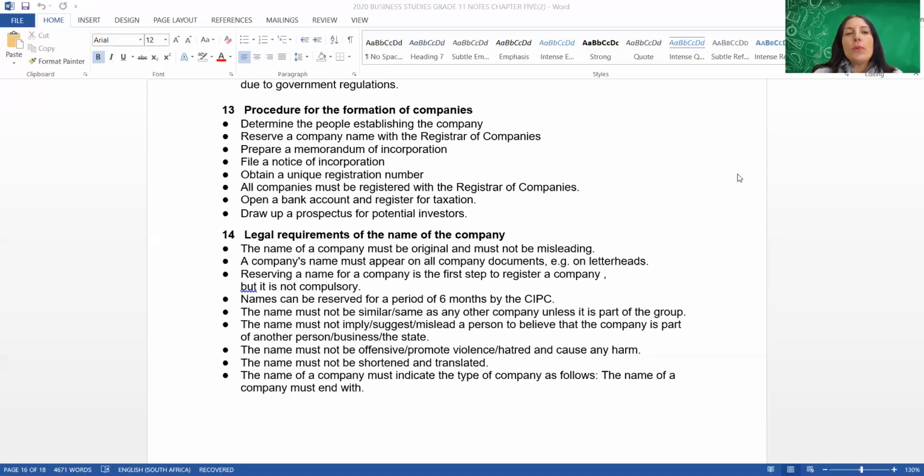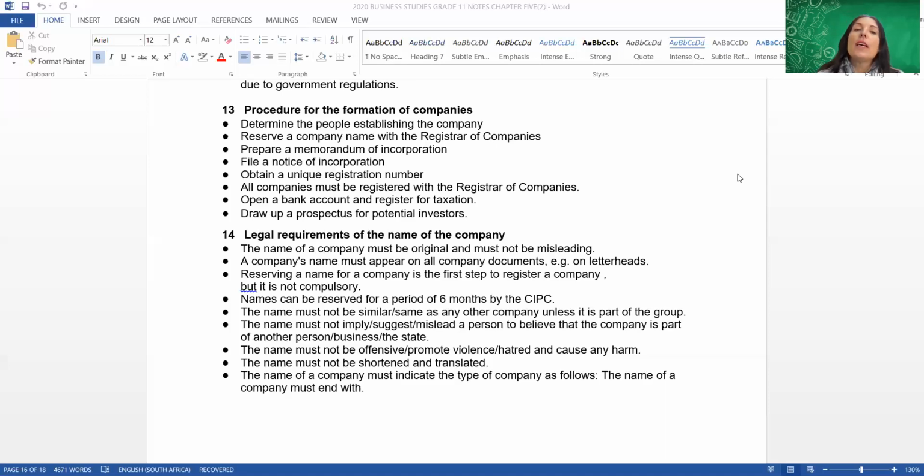Right, so first of all, if we look at the procedure for formation of companies, now this is fairly brief, and I've searched a little bit on the internet. We see a lot of resources for overseas companies and how things are done there, but in South Africa it is slightly different.